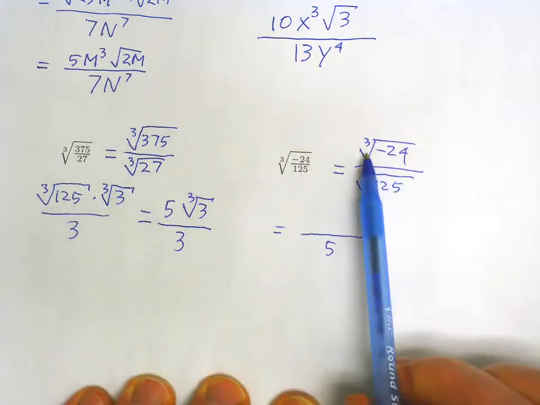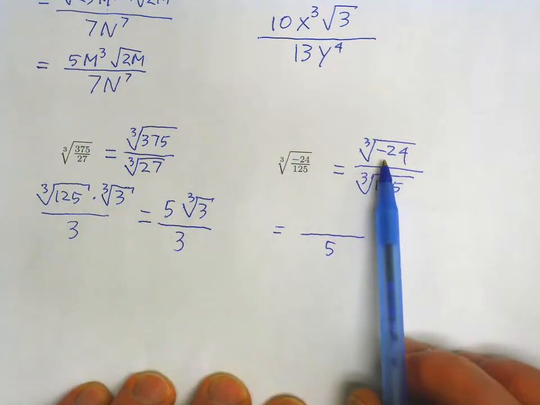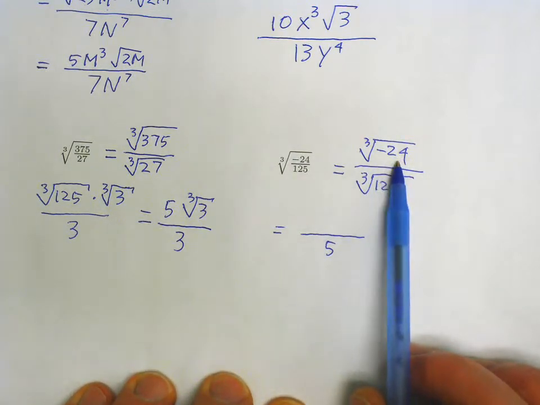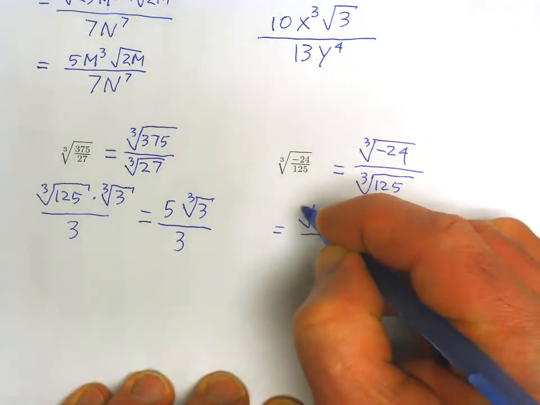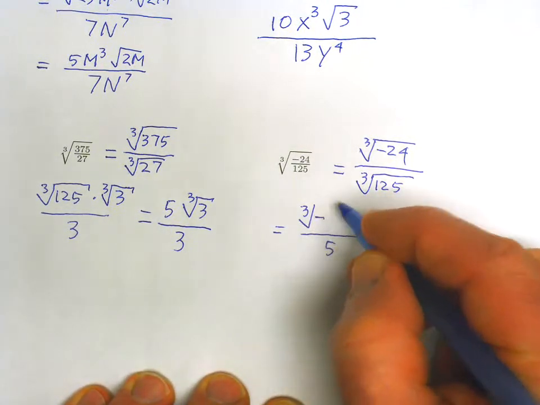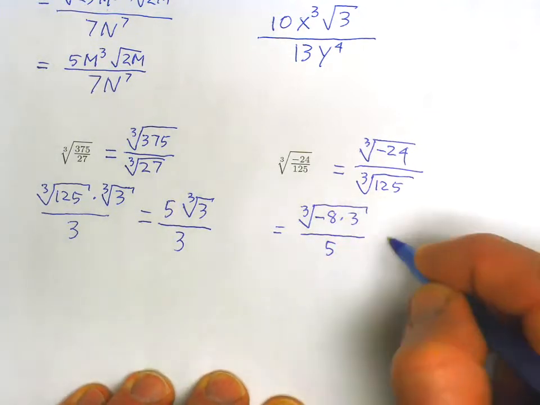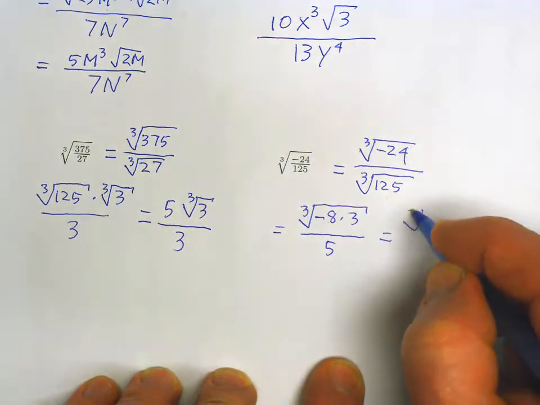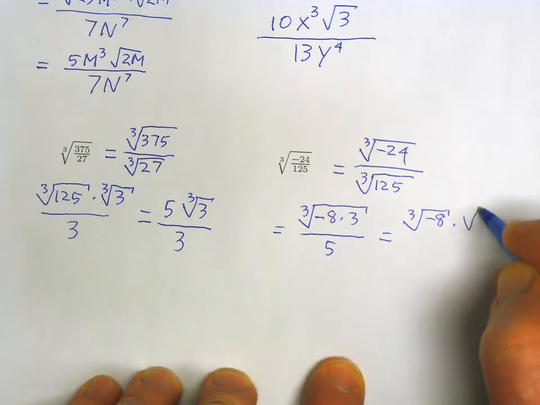And then we can simplify the cube root of negative 24. So negative 8 is a perfect cube. Negative 8 times 3 is negative 24. So we'll rewrite the numerator as the cube root of negative 8 times 3. And then this is the cube root of negative 8 times the cube root of 3.